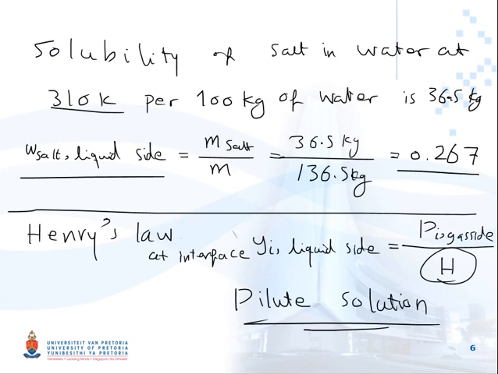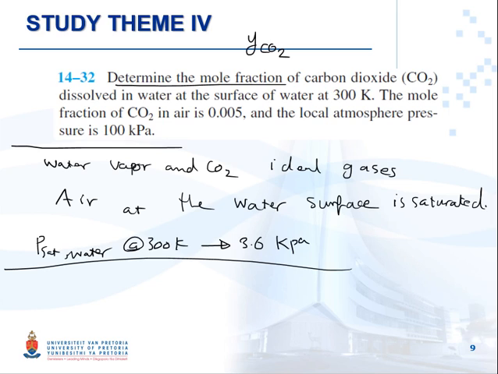Okay, Henry's law. You see that there is a mole fraction, this is like a P, and there is a constant that we call Henry's constant. So let's use this correlation then.